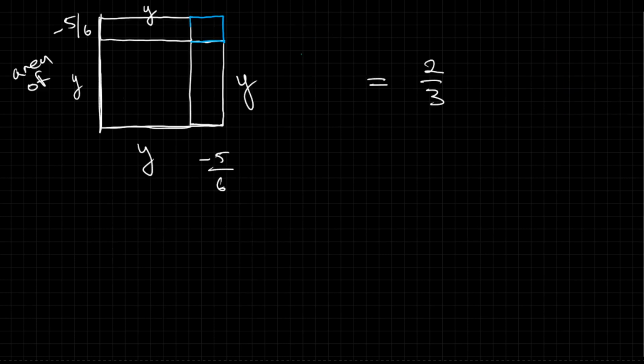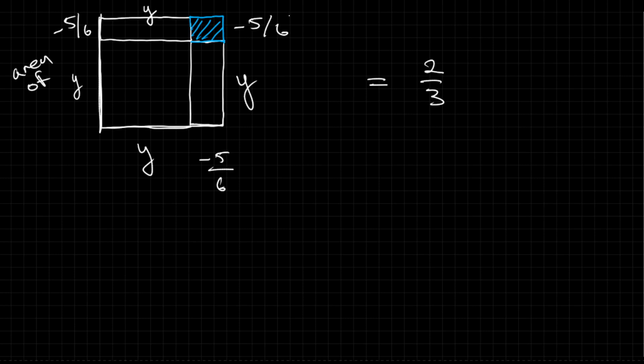The problem is I've added some area now. Previously, when I cut and moved pieces, I didn't add any area to the problem. However, now I've added area, but I can quantify exactly how much area I've added. This square that I've added in the upper right-hand corner has side length negative 5/6.